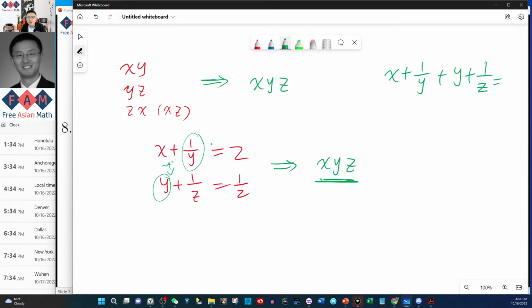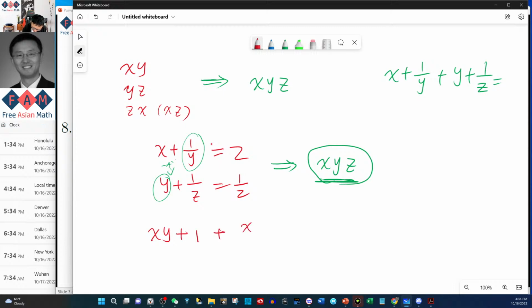This is just a well-educated guess. This does not get too much justification other than the fact that we want all the three appearing together in the multiplication relationship. For that reason, we really want to multiply the two. So if we multiply the left-hand side, we get xy, 1 over y times y, that's 1. Now we got the z term.